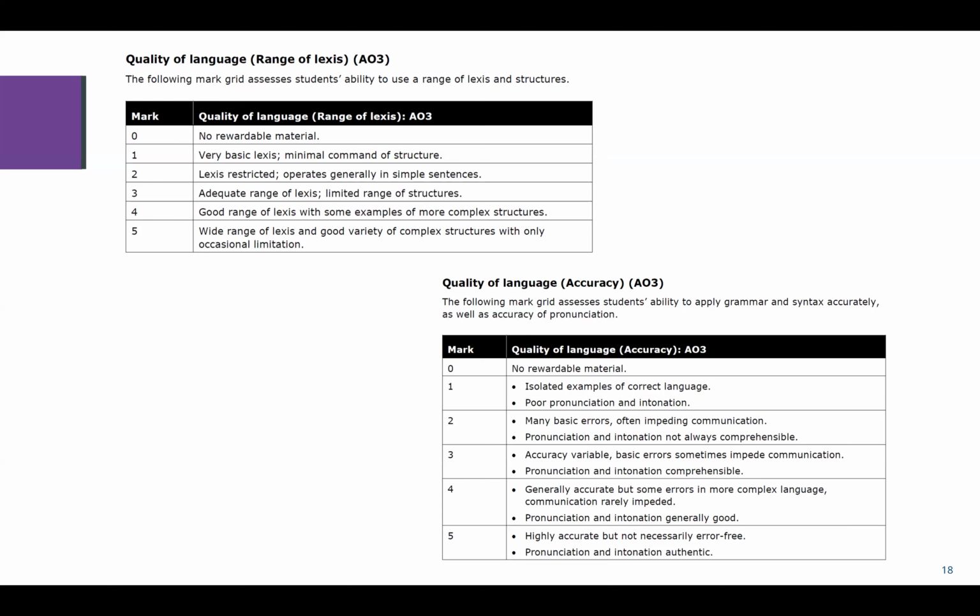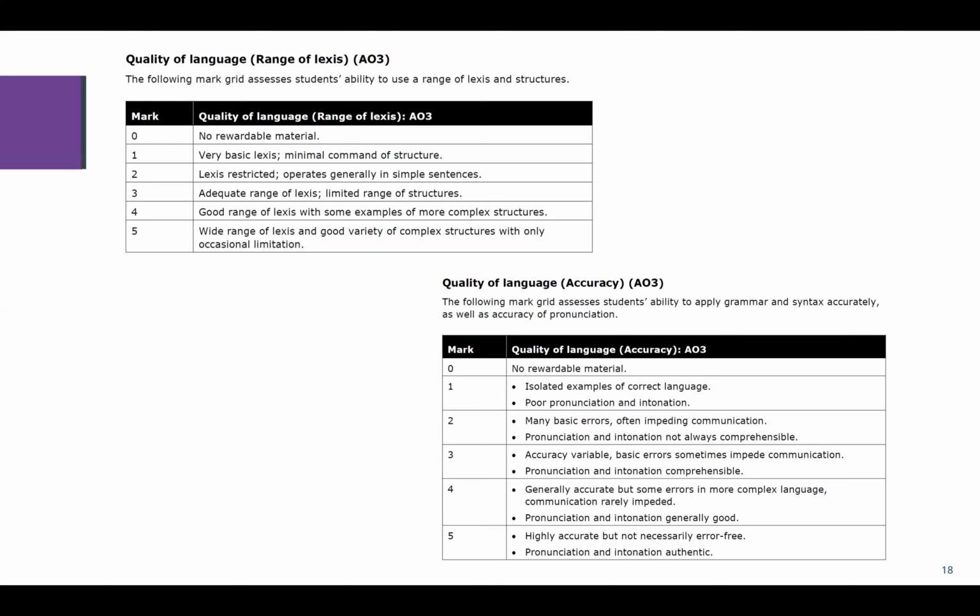So you can see that there is mention in the range of lexis in the 4 and the 5 band, in those 2 bands rather, that it uses the word complex. So in order for them to score in the 4 and 5 on the accuracy, they will have needed to show that they're able to use complex structures.